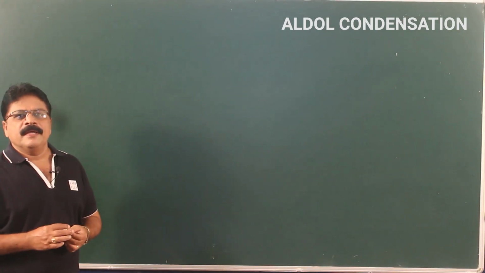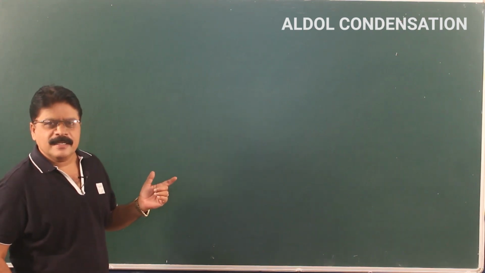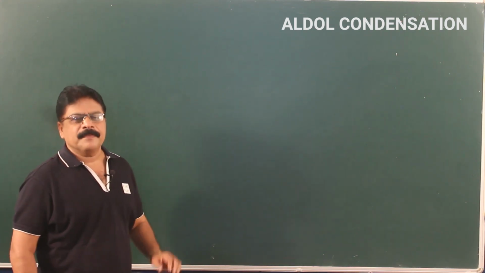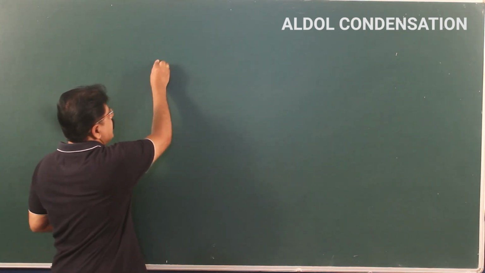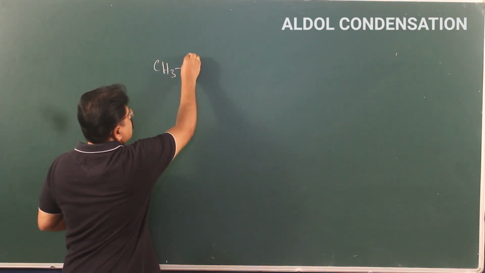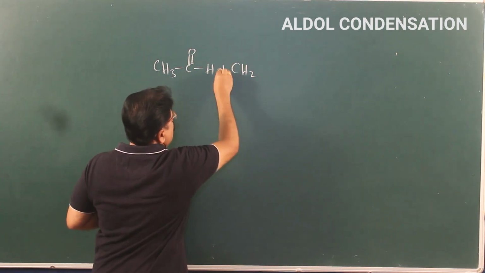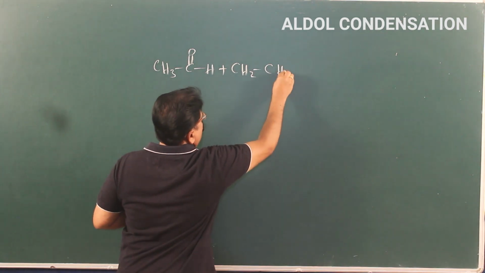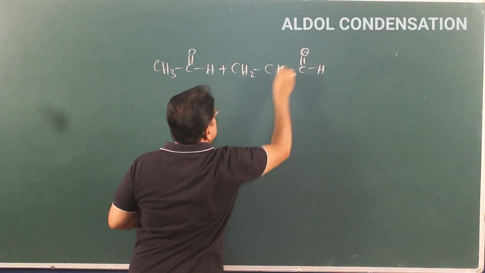Okay. Now, we can talk about certain other interesting things in the aldol condensation reaction. One interesting thing is, suppose we take two aldehydes, both containing alpha hydrogens. One is ethanal, the other is propanal.